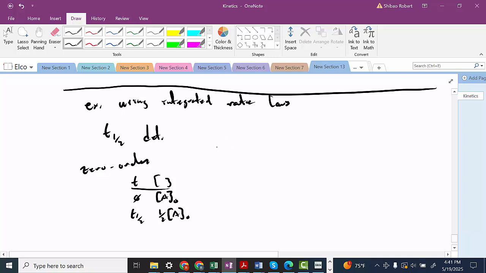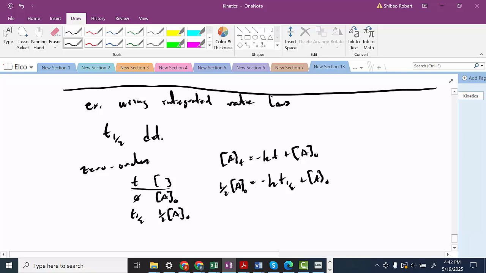And so for the zero order, we had this particular equation, which is A at time t is equal to minus kt plus A at time 0. What we're going to do is substitute. So 1/2 A0 is going to equal minus k times T1 half, plus A0 on the end here.